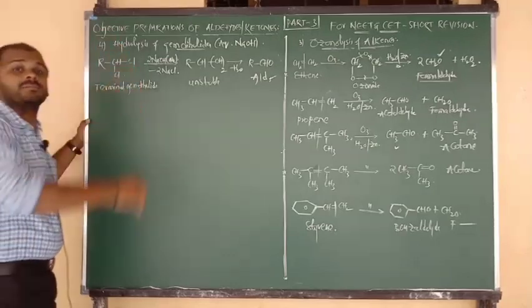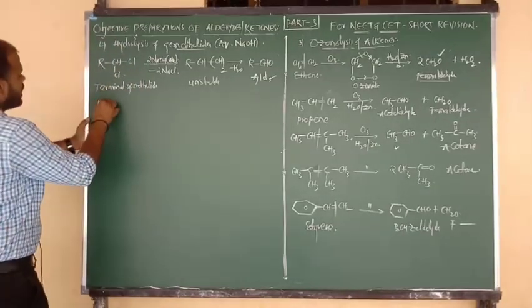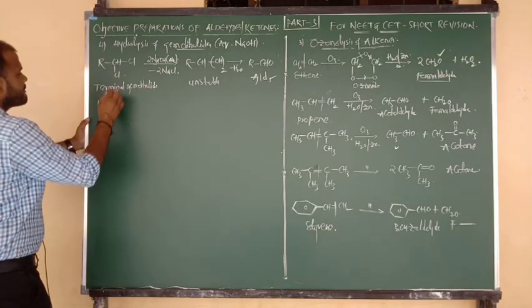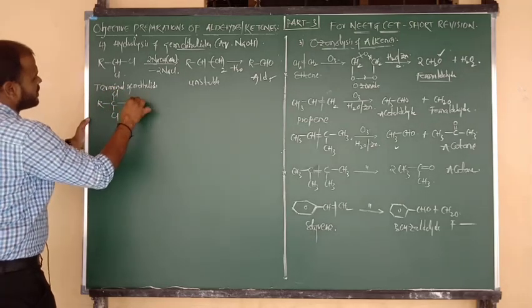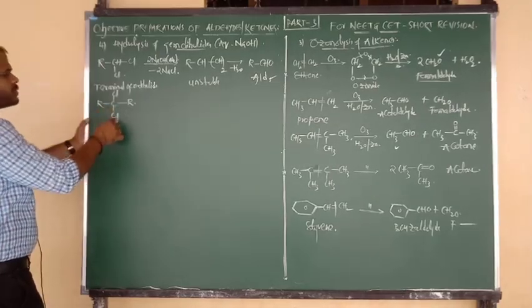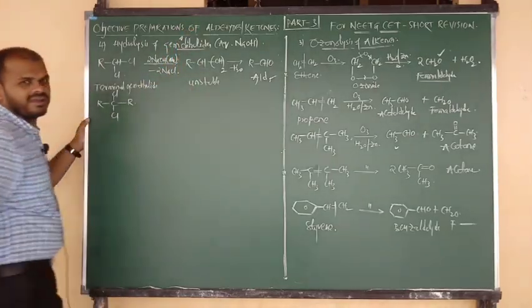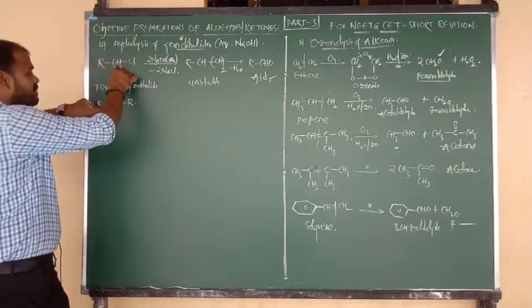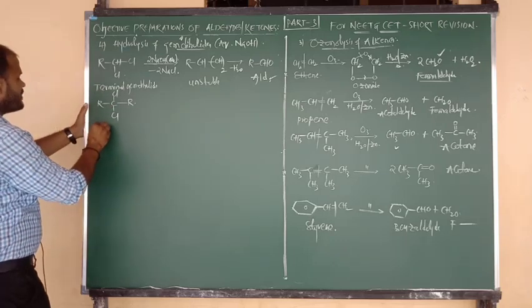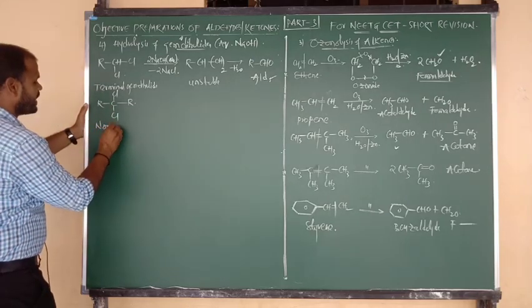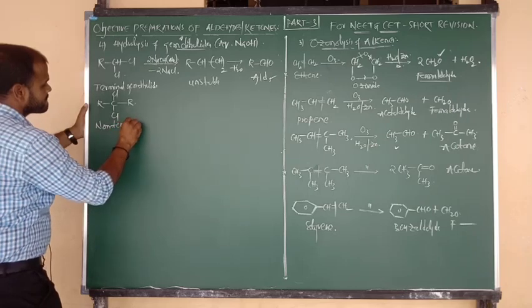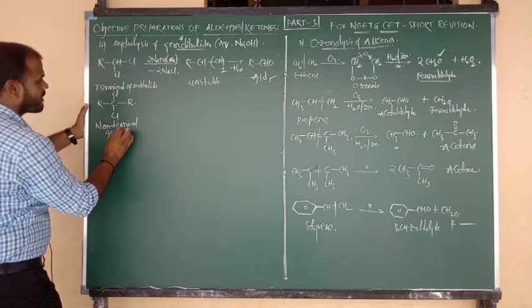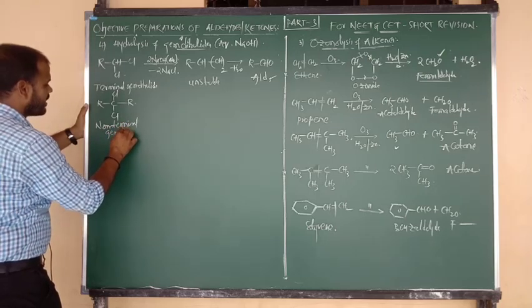Now, non-terminal gem dihalides. R bonded to C, above the plane Cl, below the plane Cl, again bonded to R. The central C is connected to 2 halogens, meaning a geminal dihalide. But in the first molecule the gem dicarbon is at a terminal position, whereas this is in the middle position, so we say this is a non-terminal gem dihalide.